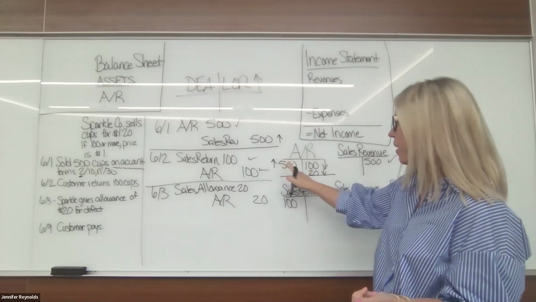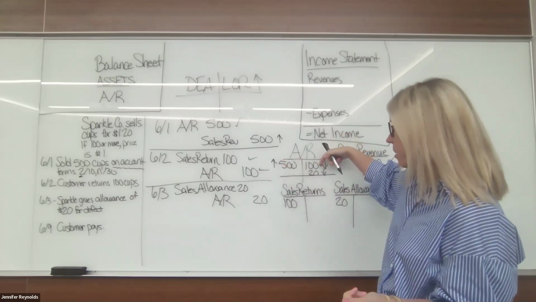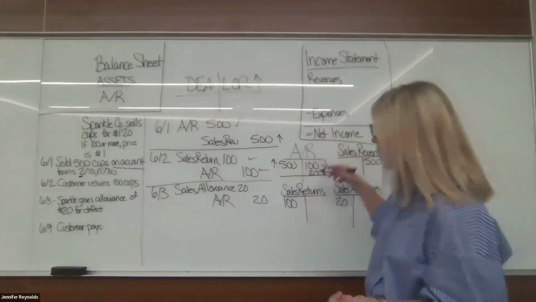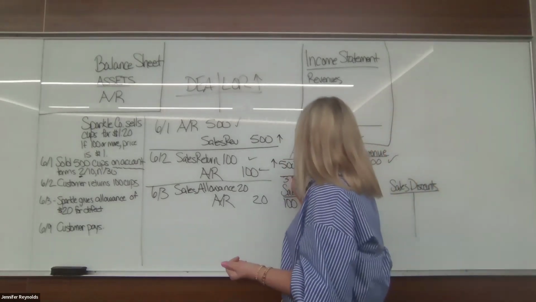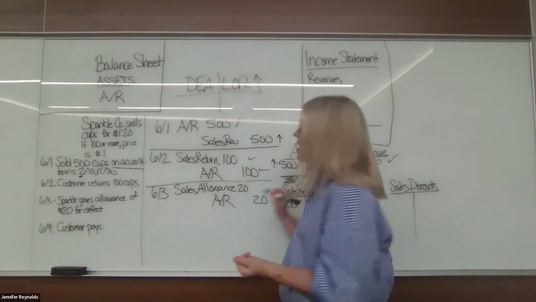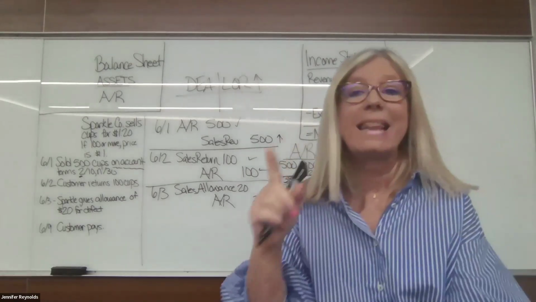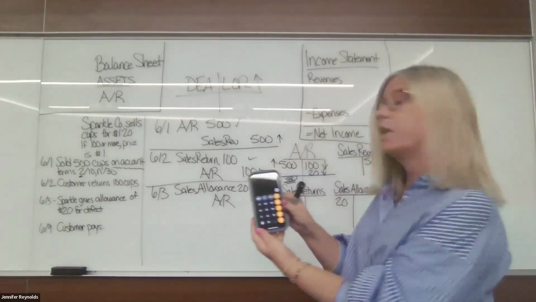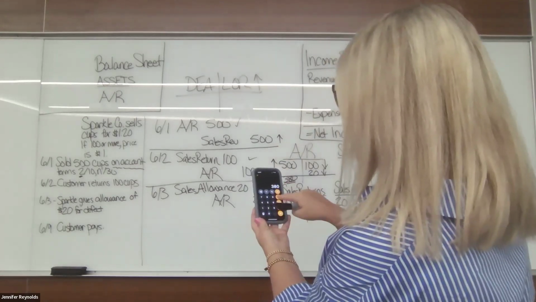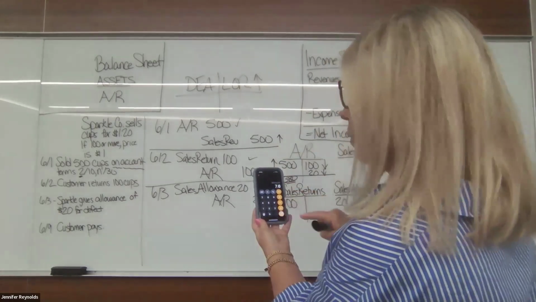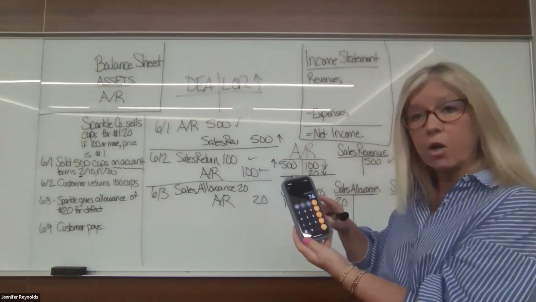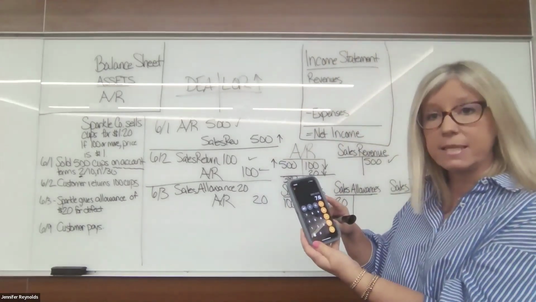It went up by 500, down by 100, so that's 400, down by another 20, $380 is the customer's balance. That is what they get a discount on. So $380 times 2% is a $7.60 discount.